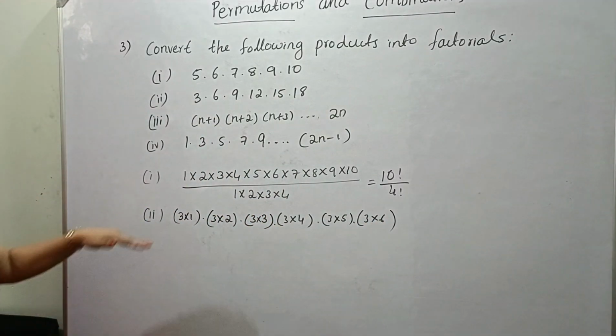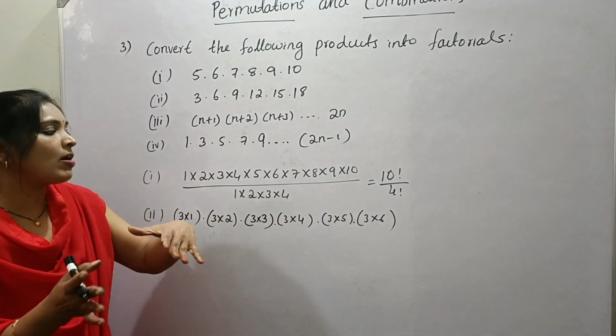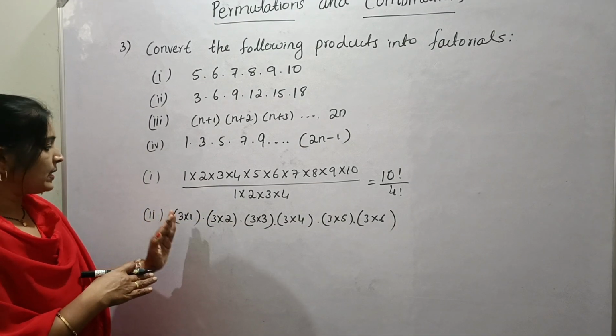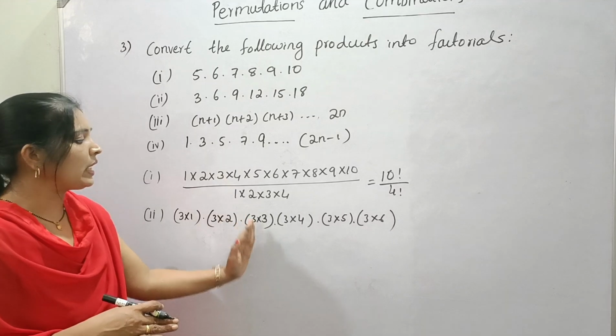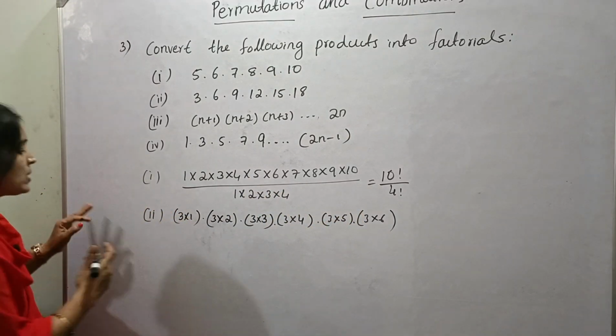Now here, see how many numbers are here? 6 numbers, right? So let us take all these 3s outside. That means 3 into 3 into 3 into 3, 6 times, right? That is 3 raised to 6.